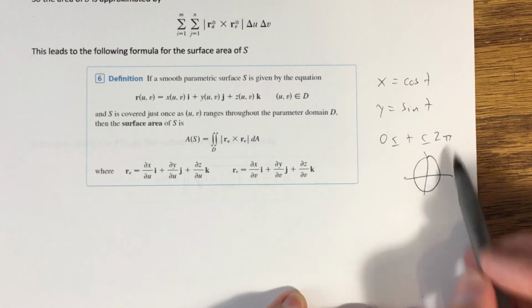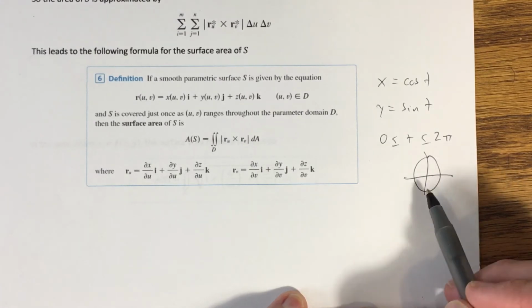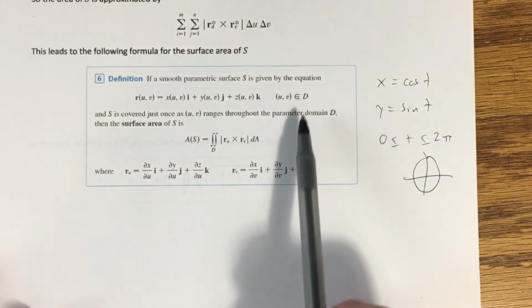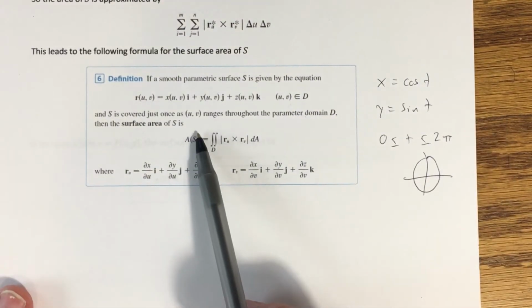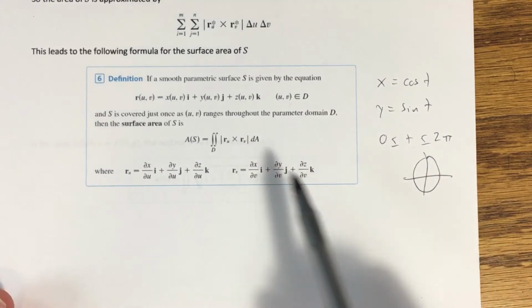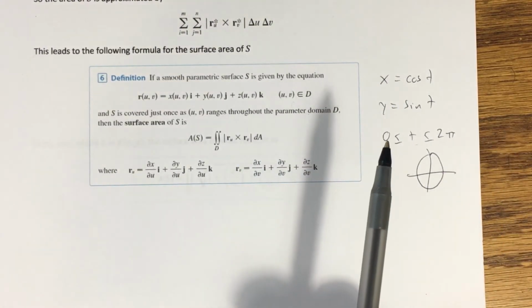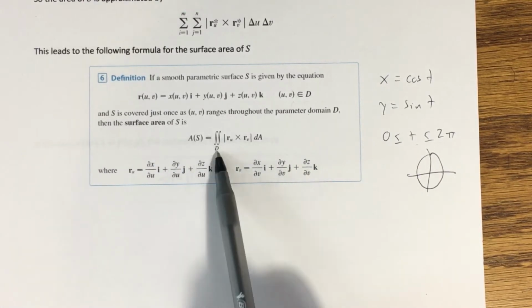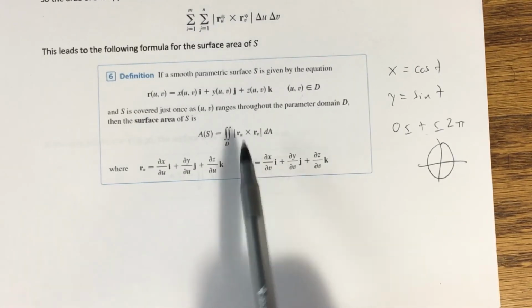If I made this 4 pi, then we would be traversing the curve twice. So we need to make sure that the interval here is chosen, or the rectangle here is chosen, in such a way that we don't double up on our surface. You're generally not going to have to worry about that in this class, but it's something that needs to be mentioned at least. The area of that surface is given by this double integral, which comes from our derivation up there.